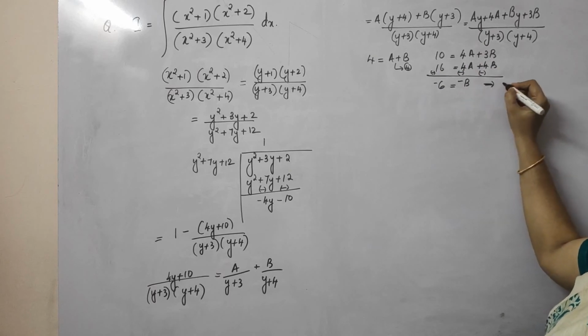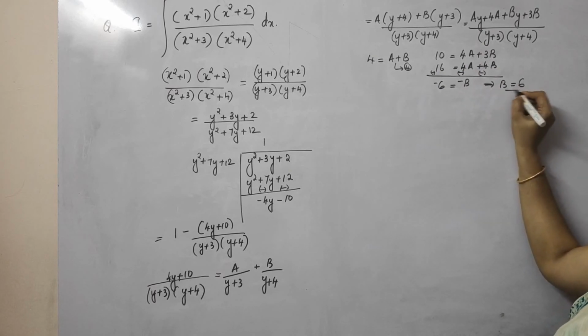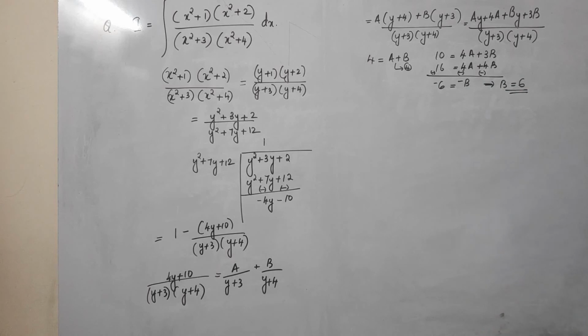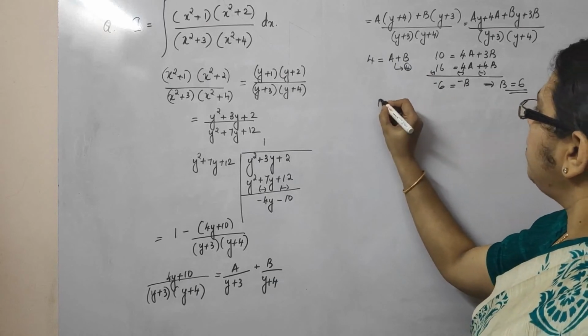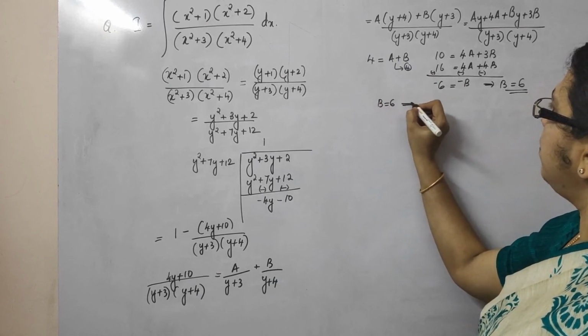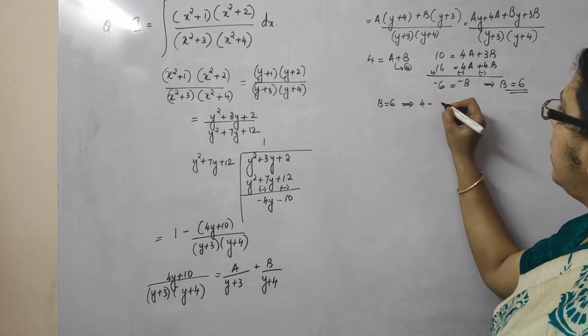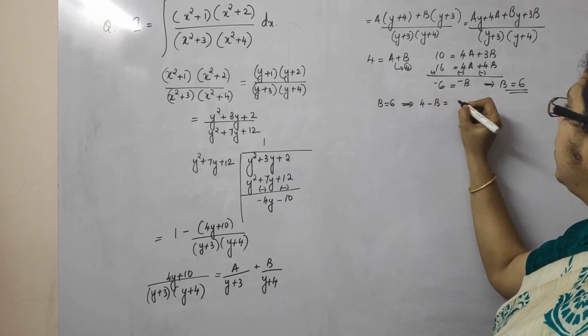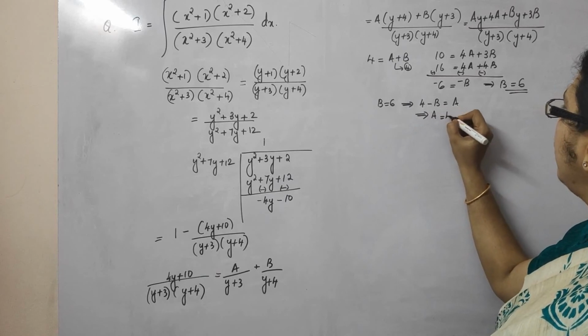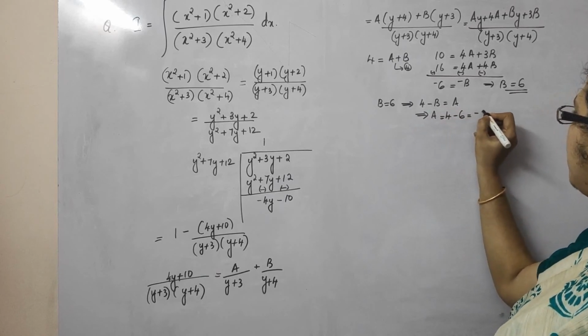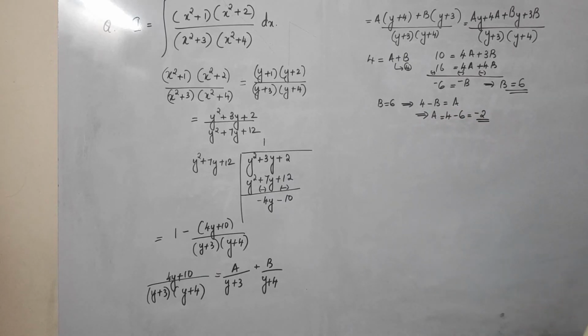This implies b is equal to 6. Now I'll substitute for a here: 4 minus b is equal to a, so a is 4 minus 6, which is minus 2. So now I have got the values of a and b.